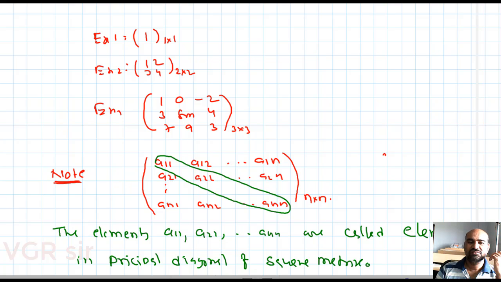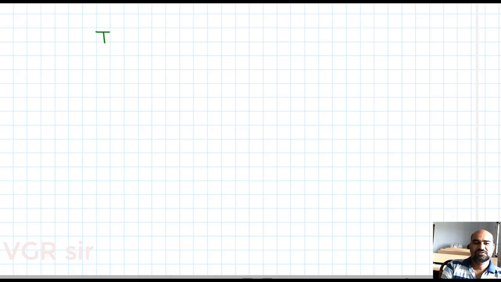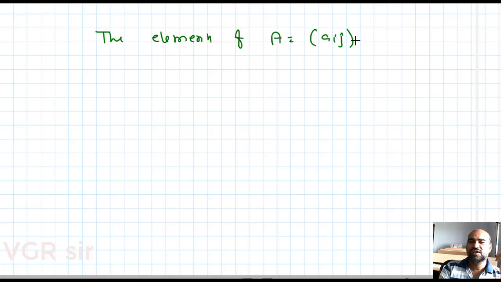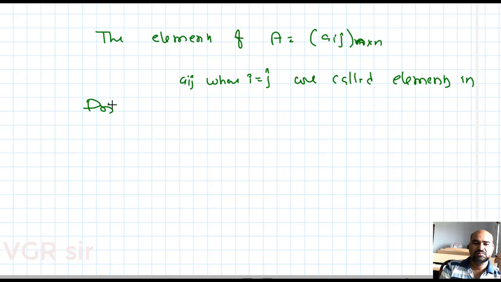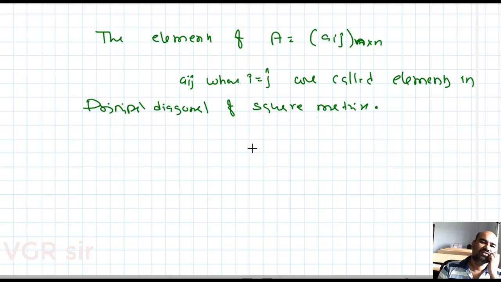In other words, the elements of a matrix A equal to [Aij] n by n, the elements Aij where i equals j are called elements in the principal diagonal of a square matrix. So, these are important.